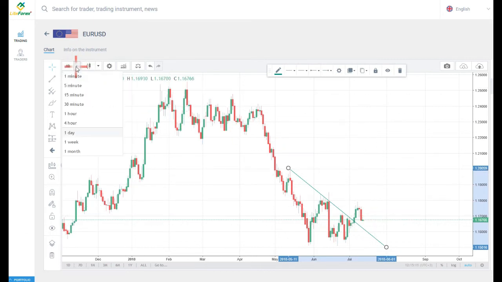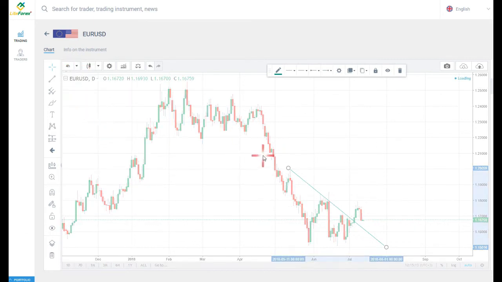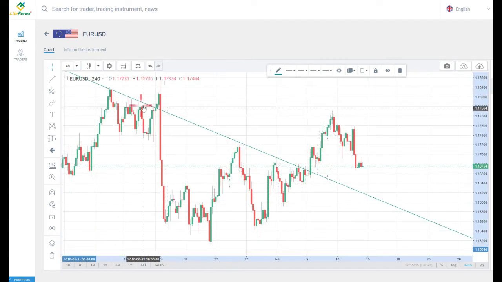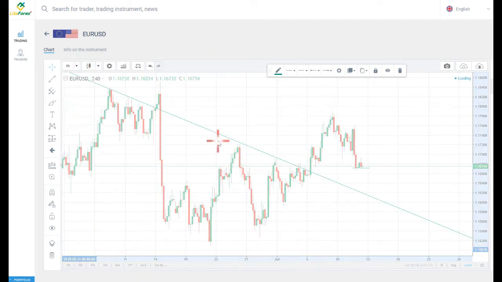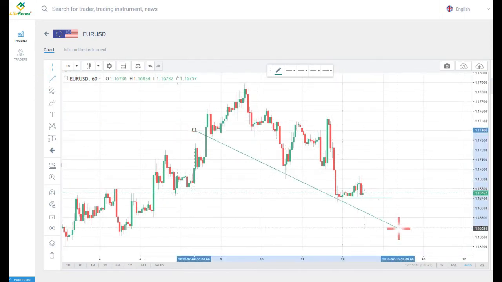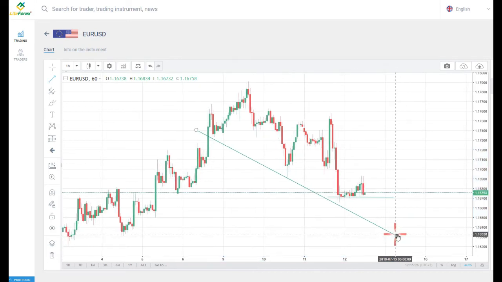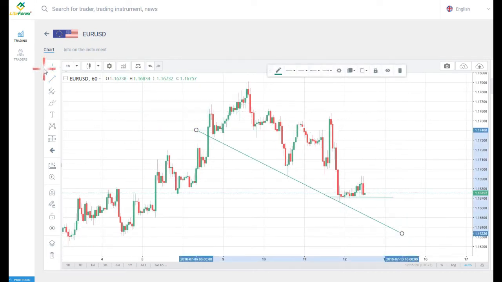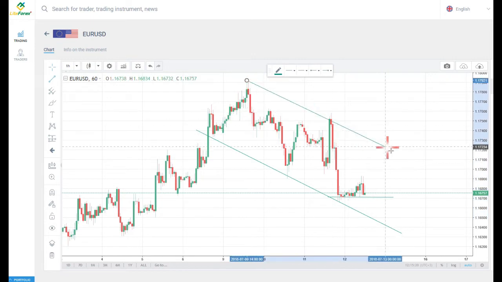But nevertheless, we don't have to plan that far ahead. We can use the lines on the lower time frames, like I told you. The hourly charts is pretty good. You have the channel, you have this lower trend line, and you have the upper one, so you can use these for trading. So once again, I draw them for you.